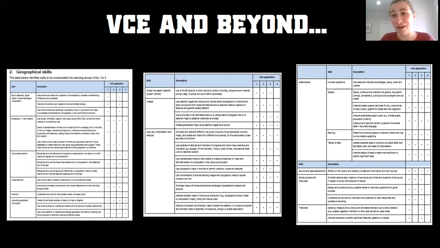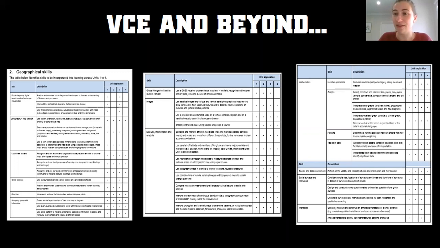And it's very difficult when you get students coming in to you in Victoria at year 11 and 12, and they haven't really had this focus on skills in the past, and you ask them to use geospatial technology or rank things or complete some geographical graphing, for example. Very hard to teach this from scratch, say year 10 and 11, for it to be accessible in year 12. What we really need to be doing is starting this really early, like all the way down to prep.